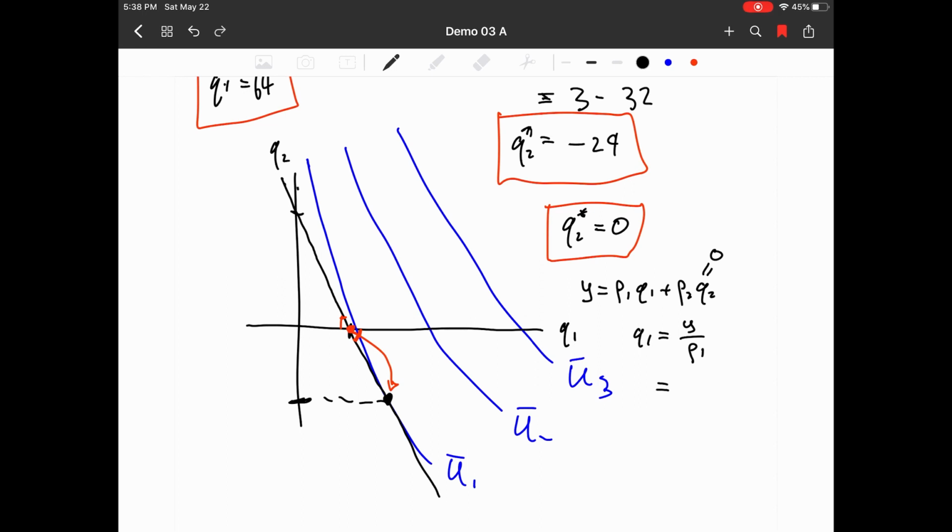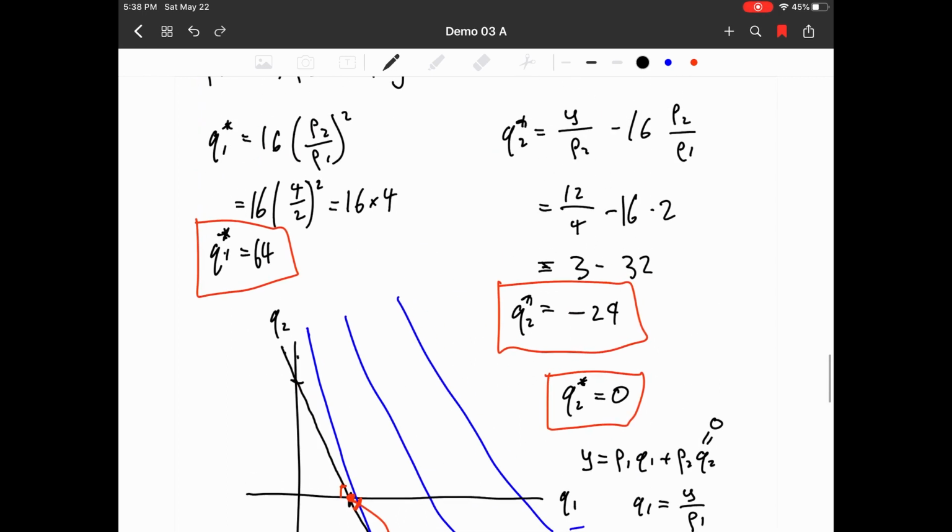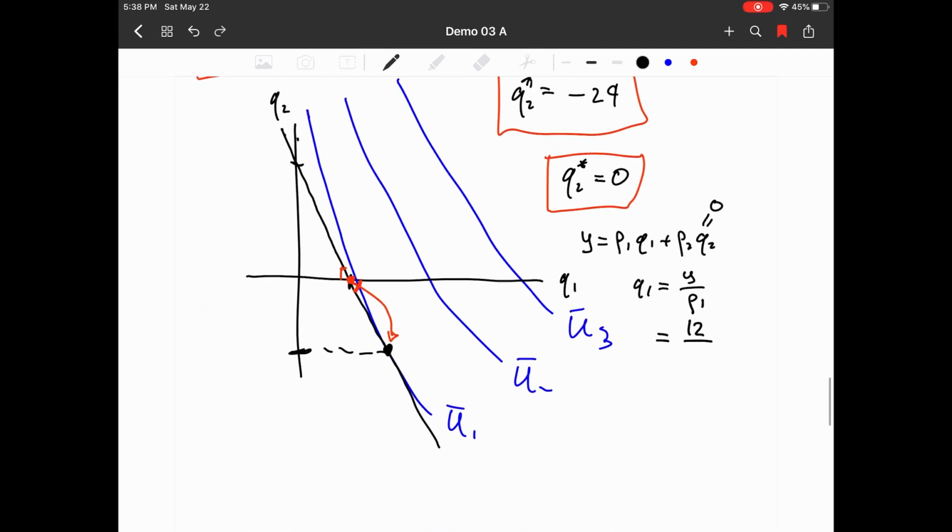And this gives us 12 over P1, which is 2. Gives us 6. Okay, so Q1 is equal to 6. Q1 star is equal to 6. Okay. So that's what's going on with these corner solutions.